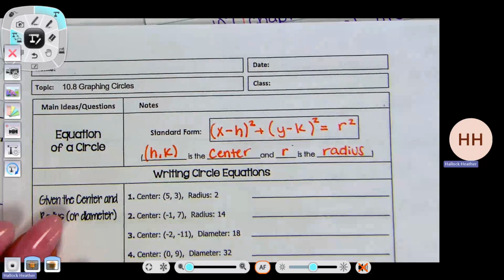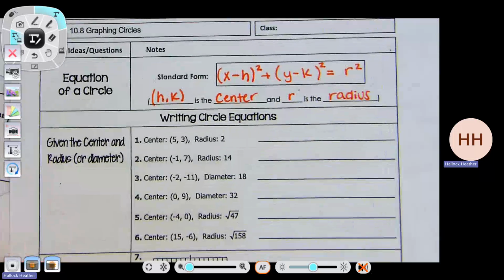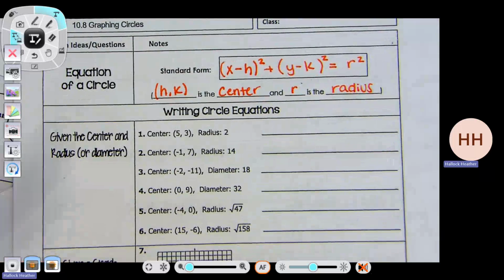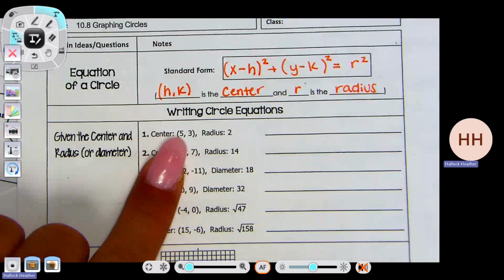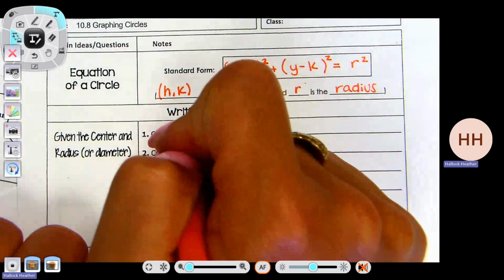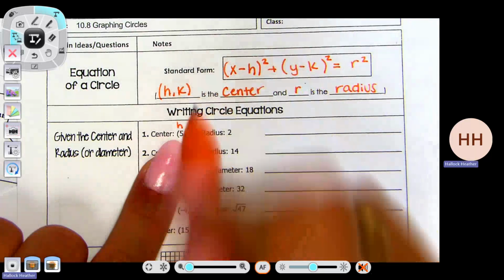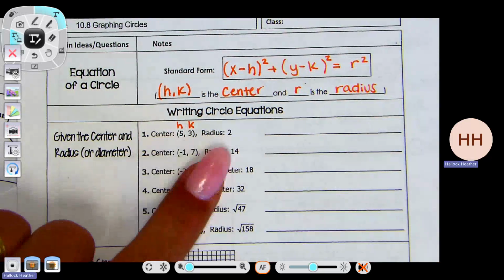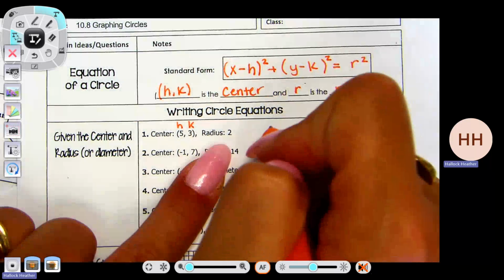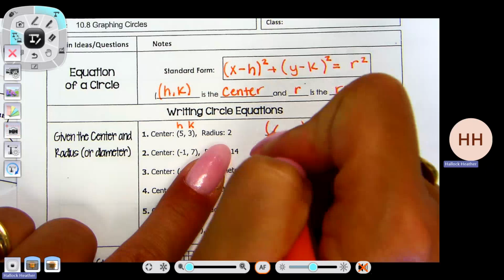So what we're going to do is we're going to be given a center and a radius, and we're just writing the equations. So if my center is 5, 3, 5 is going to be h, 3 is going to be k, radius is 2. So we're just going to literally plug in the numbers. So in the first set of parentheses is x.